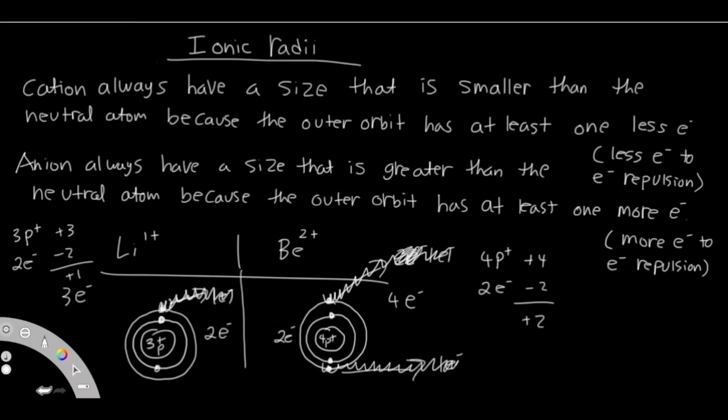Lithium, still, these electrons want to go towards the center, but there's only 3 protons in there. It's not as great as 4. So, beryllium is going to be more compact. And if it's more compact, it's going to be smaller. So, the greater the positive charge, the smaller it's going to be.